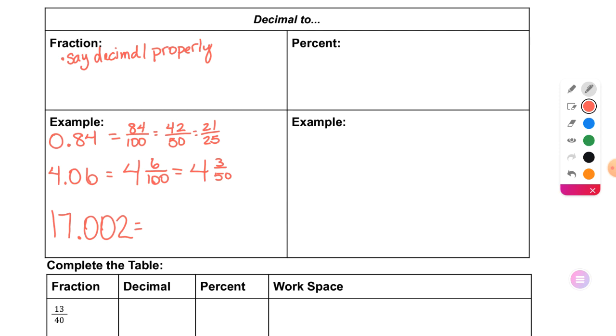Avery, how do I say it? 17 and 2 thousandths. Why do I say thousandths, Brady? It's in the thousandths place. So as a mixed number, that would be 17 and 2 over 1,000, which would reduce to 17 and 1 over 500.